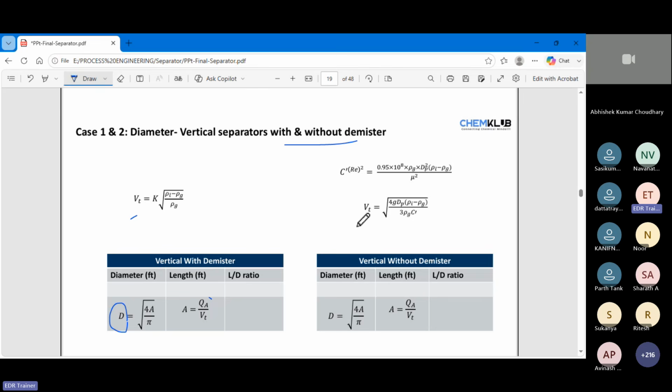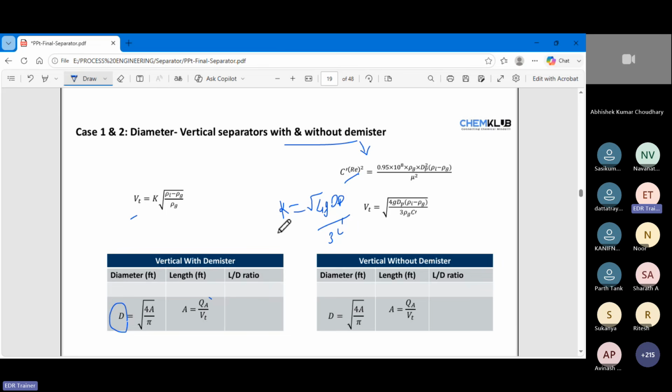Same for without a demister pad, you need to calculate the drag coefficient first. And as I told you, the K value is nothing but the square root of 4 times gravity times the diameter of the particle divided by 3 times the drag coefficient.